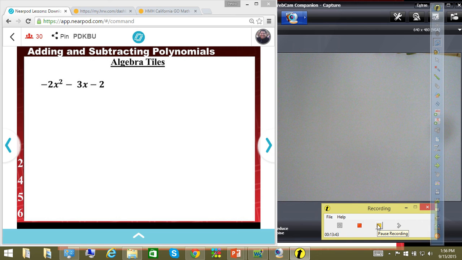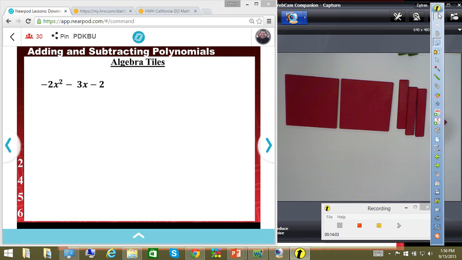Is that correct? Then from there, negative 3x, that's 3 red rectangles. And negative 2, that means 2 small red squares. So far so good? Yes? Hands if yours looks like that.